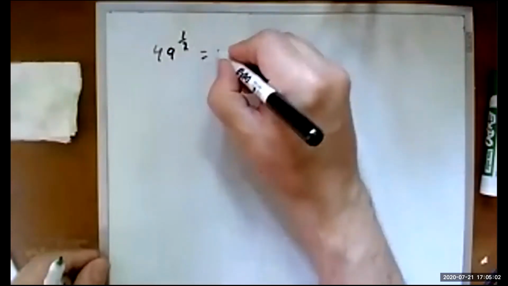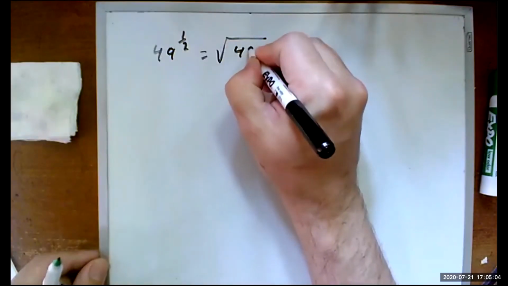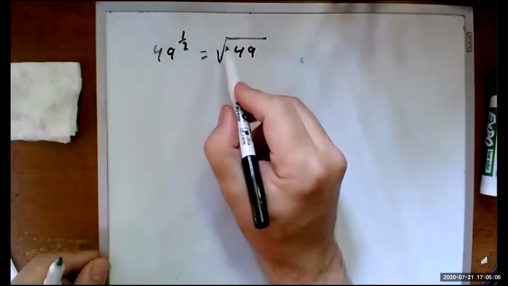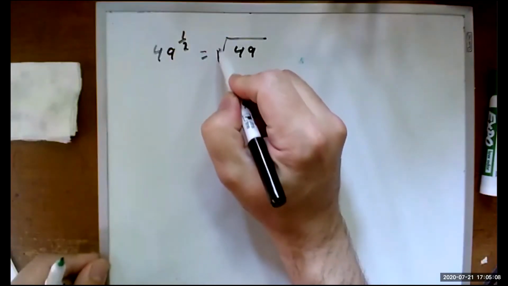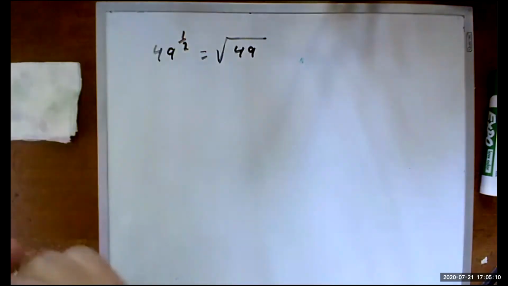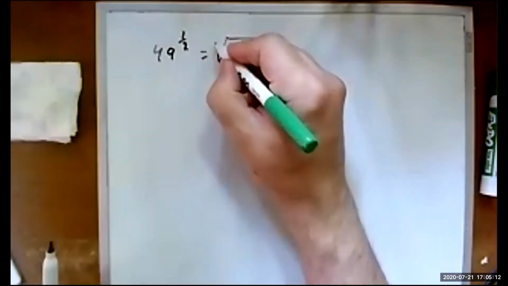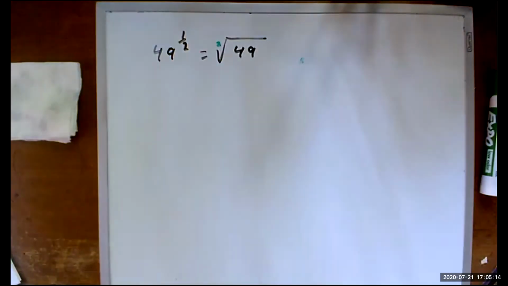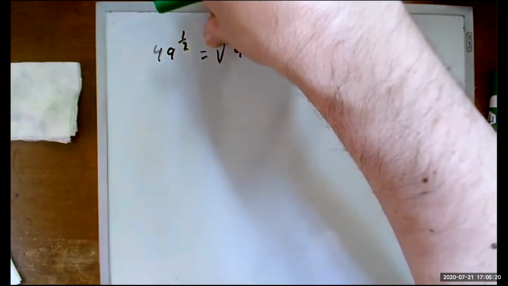So we start off with a fairly straightforward example. If I have 49 to the power of 1/2, it's the same as saying I would like the square root of 49. It's worth noting you don't often see the 2 in the radical.